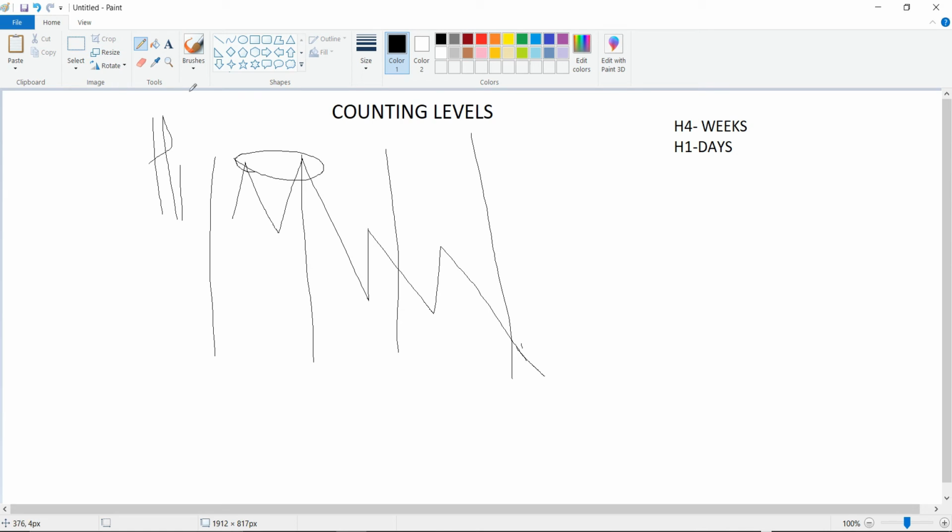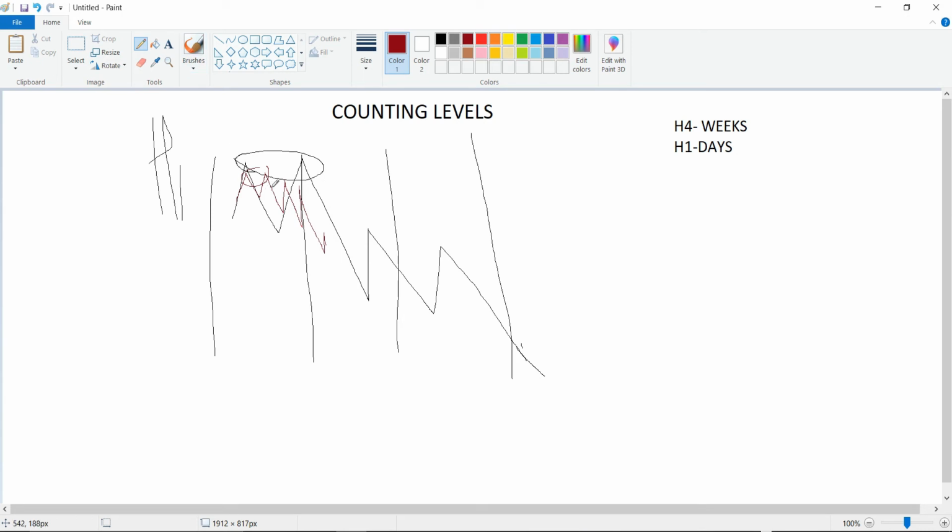Now, what you're going to be seeing in your H1 is this. For your H1, you're going to have a mini double top. Then you could have your first level here, your second level here, then your third level will now cut into this first level of your H4.